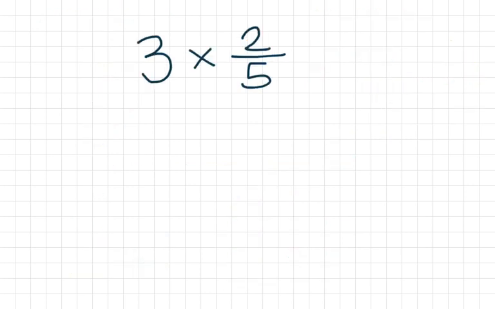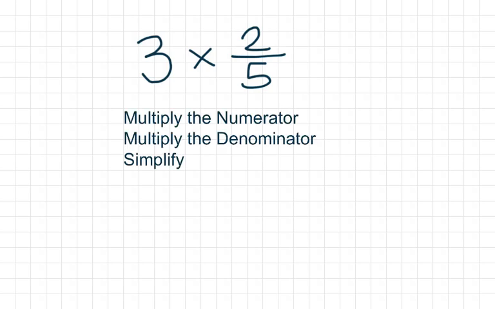I've written an expression here, 3 times 2/5. We're going to work this problem out without using a model. And all we're going to do for this is multiply the numerator, multiply the denominator, and simplify.